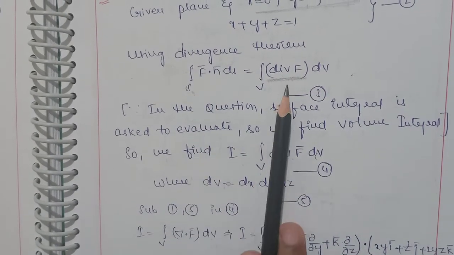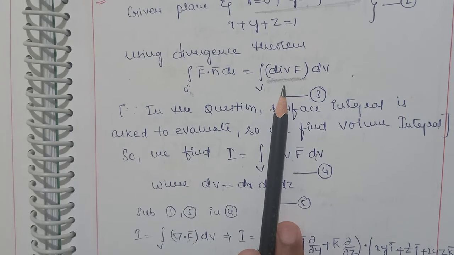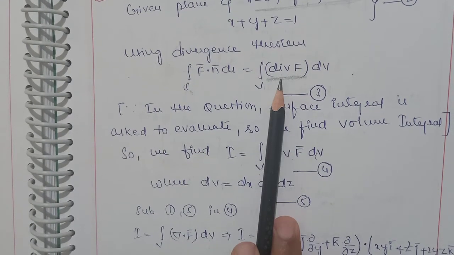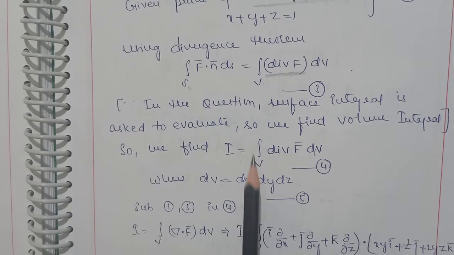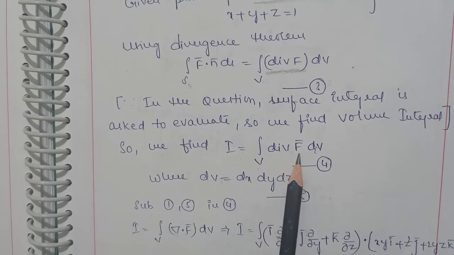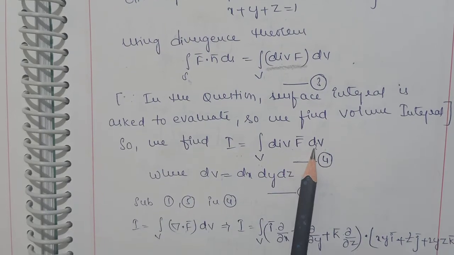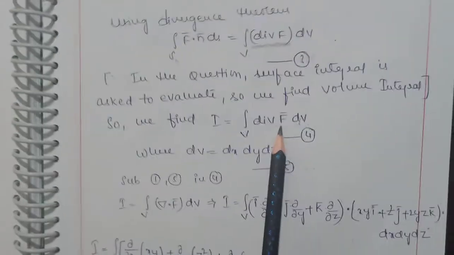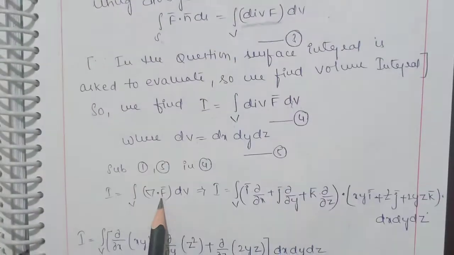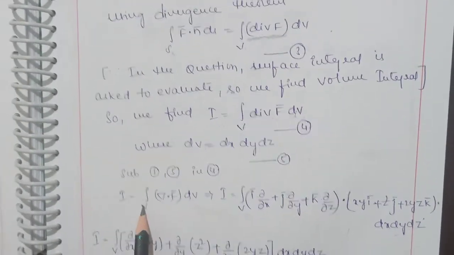Since surface integral is given, you have to find out volume integral here. For our convenience, we have written this volume integral as I is equal to volume integral div f into dv. dv is written as dx, dy, dz. Divergence of f bar is written as del dot f.